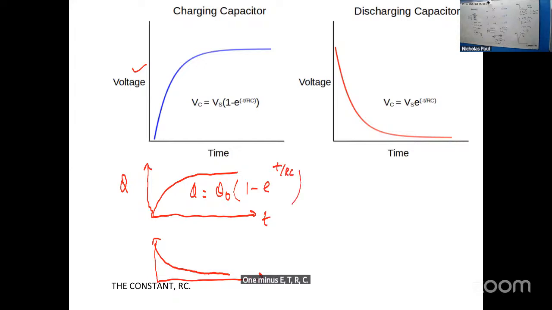And the last one is current. So that will be I is equal to I naught e to the minus t over RC. No 1 minus, right? No 1 minus.